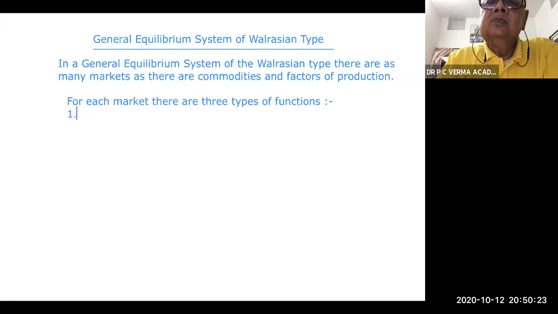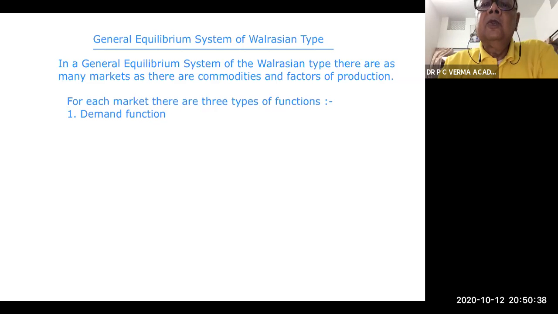Number one, demand functions. Number two, supply functions.